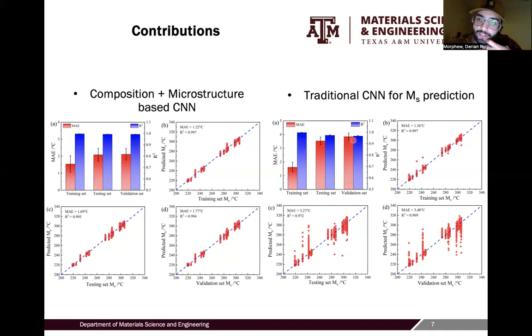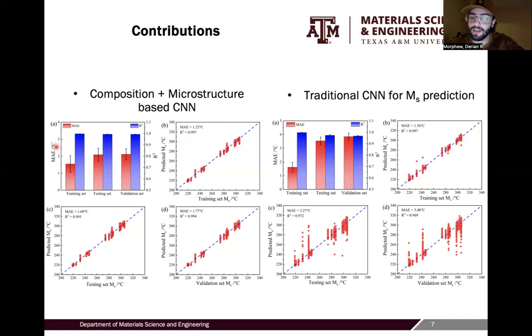The authors have stated that this model seems to have overfit based on these parameters, but you can also see just from comparing the predictions to the actual values, it is much more widespread and varies a lot more from the prediction compared to your composition plus microstructure based CNN.